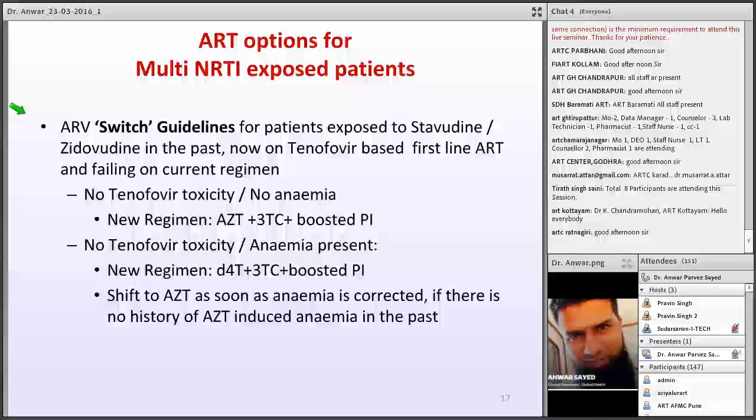And even if we start stavudine, lamivudine and boosted PI, shift to zidovudine as soon as the anemia is corrected, if there is no history of zidovudine induced anemia in the past, because anyhow we have phased out stavudine for various reasons.